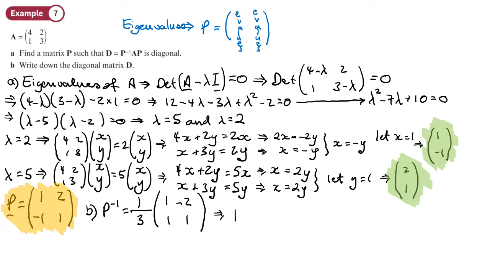So now we're going to multiply these together. So D is equal to P inverse, which we just worked out, 1/3, 1, negative 2, 1, 1, times A, which is 4, 2, 1, 3, and then times P, which is 1, 2, negative 1, 1. So we need to multiply pairs of them.